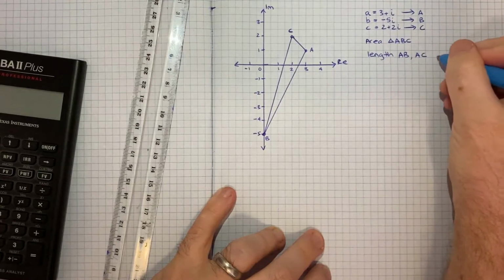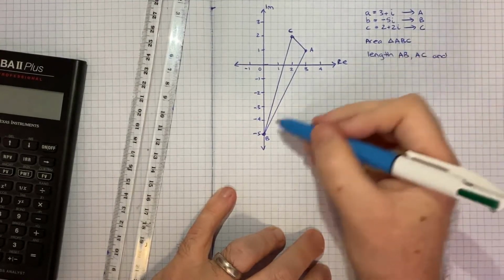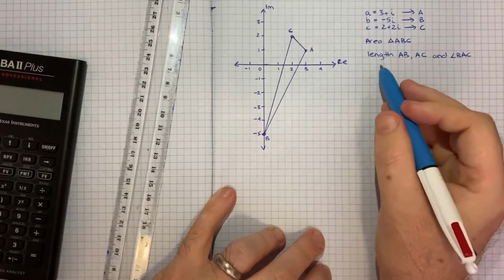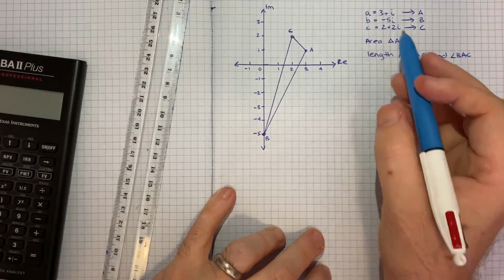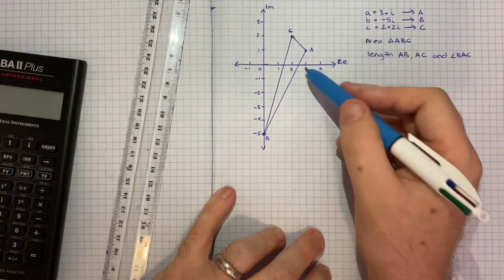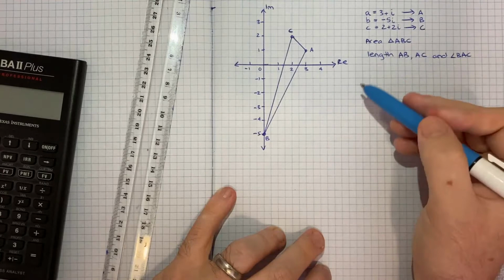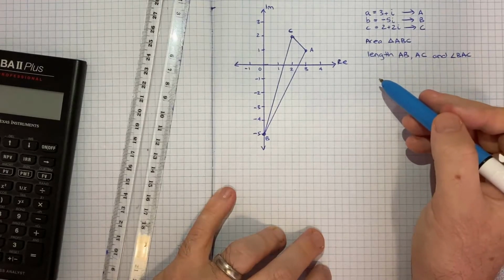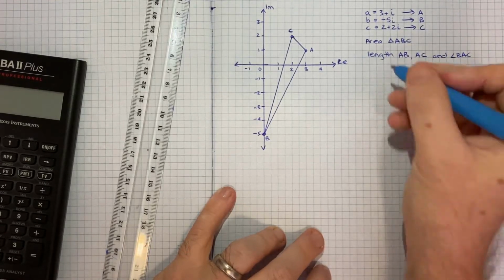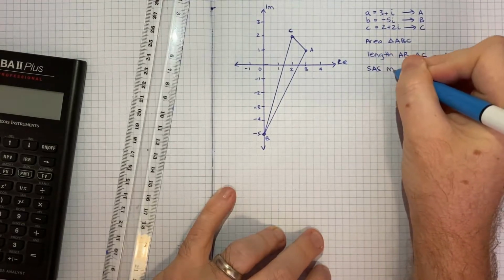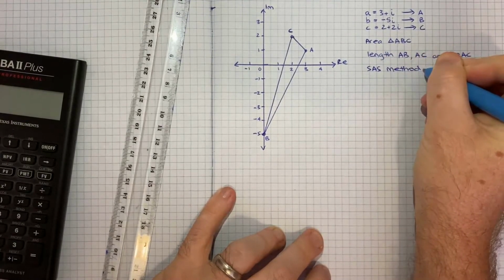We're also going to find the angle BAC. That hints to us that the formula we're going to use for the area of the triangle, rather than half times base times height, which is probably the one we're most familiar with, is the side angle side method for the area of a triangle.